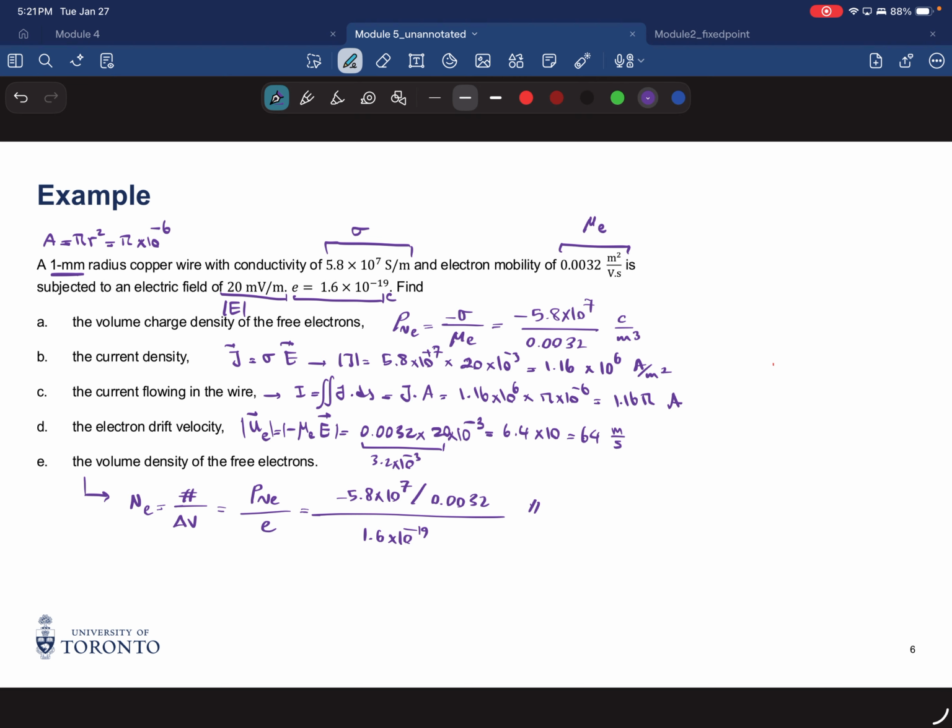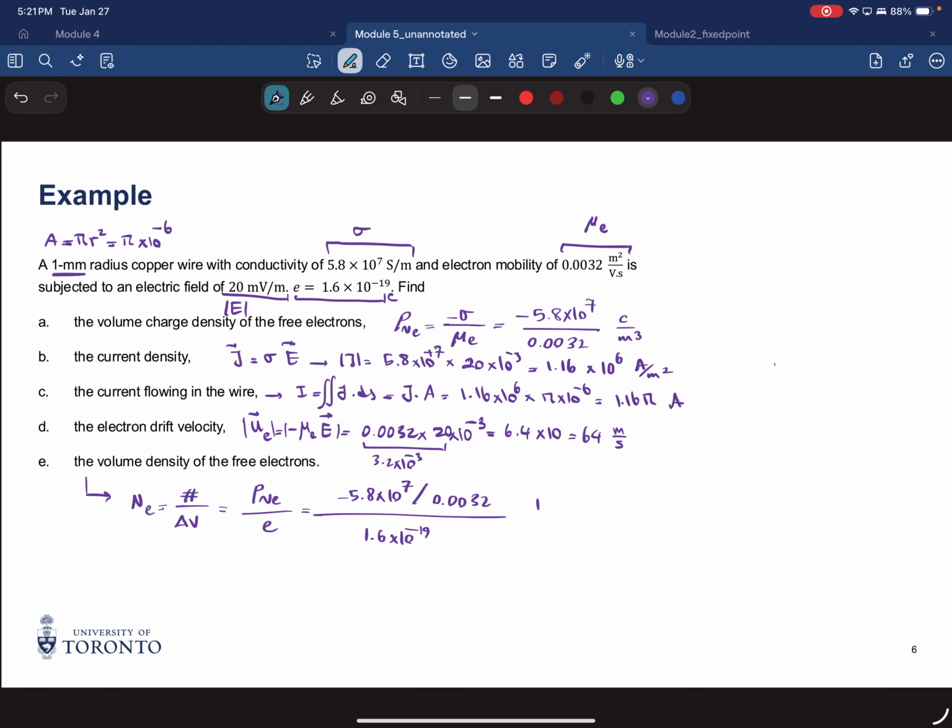And this is not number, because number is unitless, it's 1 over meter cubed. I brought this because I haven't simplified it to here.